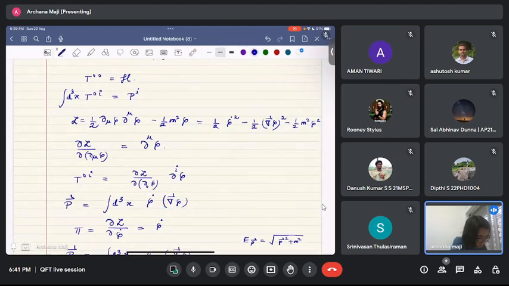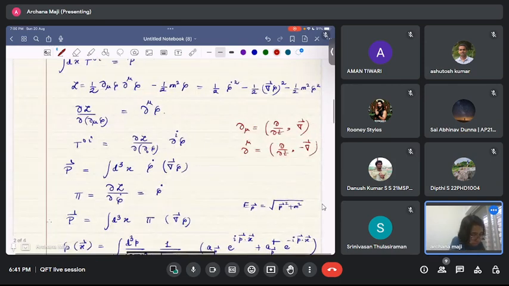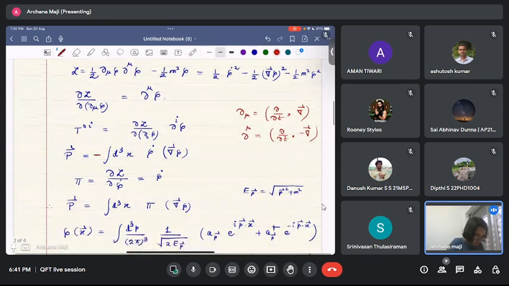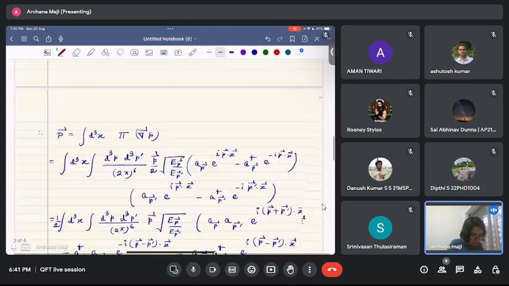Okay, because remember our convention: del mu covariant is del t comma gradient, and del mu contravariant is del t minus gradient. So that's why when we replace it with the gradient, we get a minus sign. So there is a minus sign here, and that minus sign will follow.